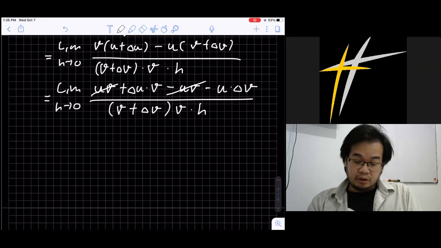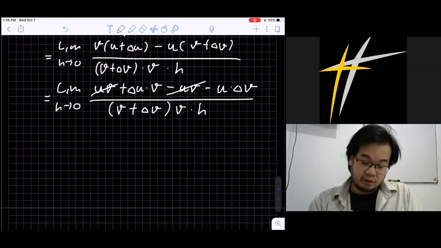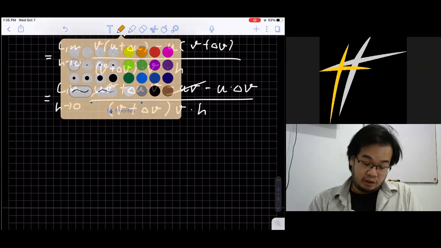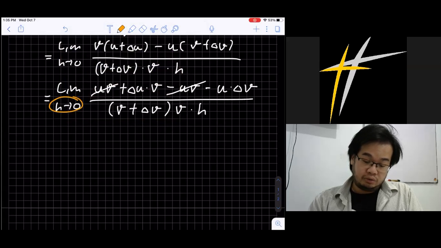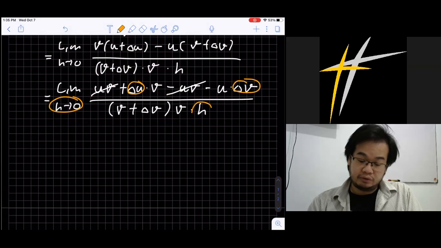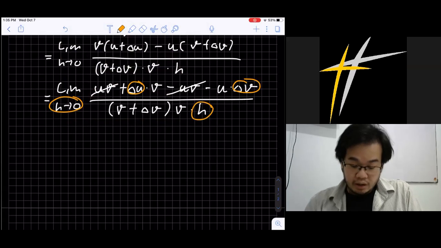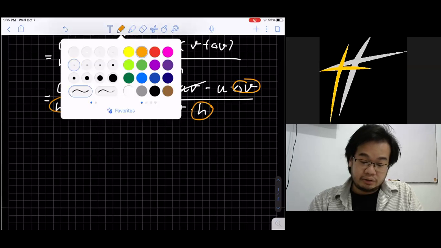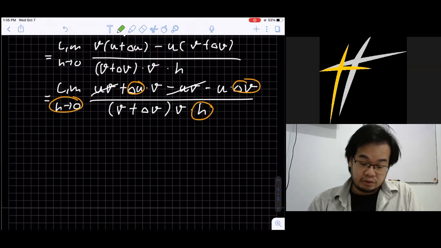Now the numerator will still be 0, right? Because if h is approaching 0, then this will be 0, and this will be 0, 0 minus 0, and this is 0. Now the thing is, if h is approaching 0, then this one is not 0.